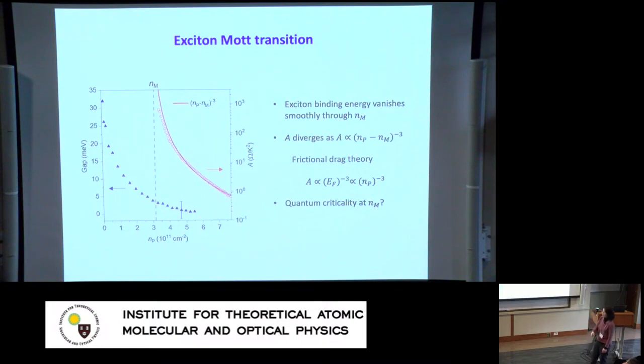The AT squared, that A coefficient shoots up by several orders of magnitude and looks like it's diverging. We look at the dependence, and it follows pretty well a cube dependence. But interestingly, this cube dependence is not counted from zero density, but counted from this critical density.